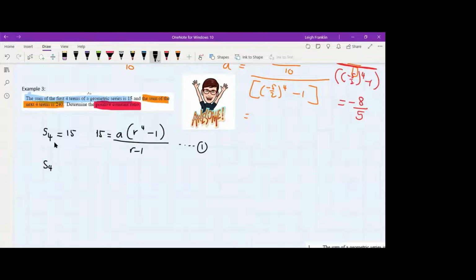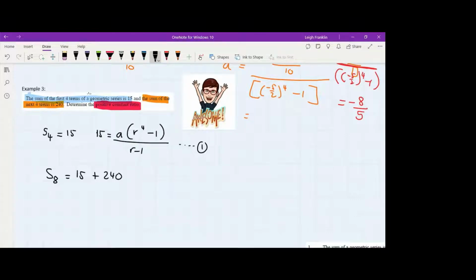The sum to the next 4, so the next subsequent 4, is 240. So in other words, maybe that's not the best way for me to write it. What they are saying to me is that I can calculate the sum to 8, because the sum to 8 is the first 4, which is 15, plus the next 4, which happens to be 240.